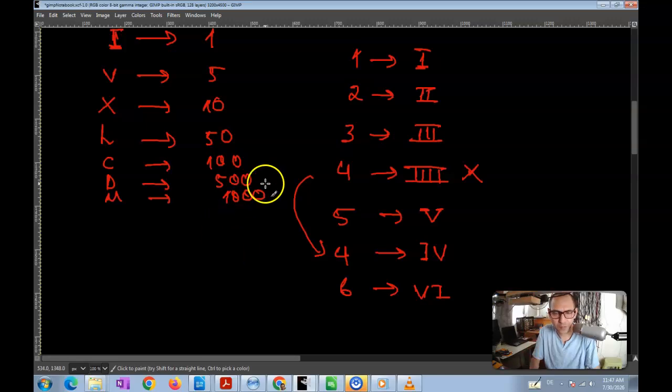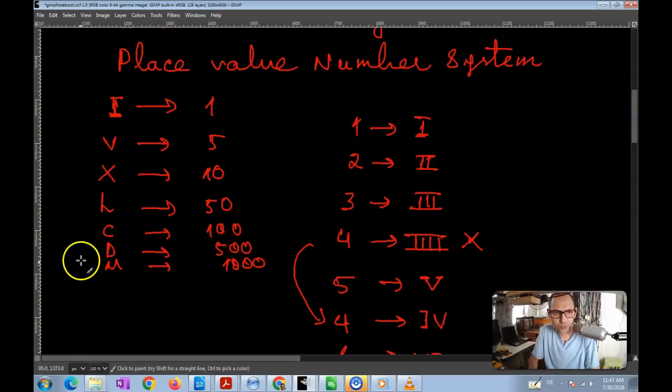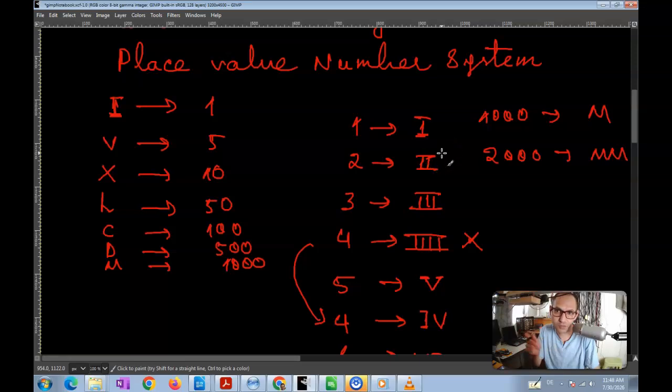To write, for example, 1,000, you would write one of these M's over here. If you want to write a 2,000, you would write 2 of these M's, one after the other.